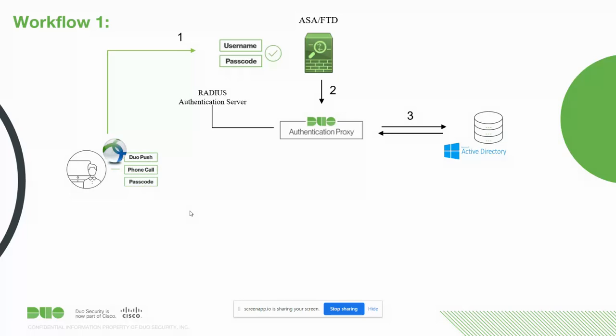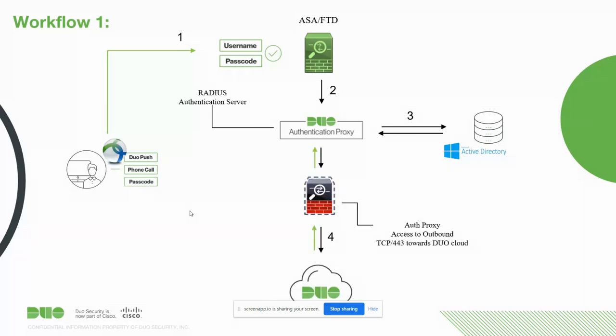the Duo Auth Proxy sends the request to the Duo cloud. For this request to be successful, you need to allow outbound access for the authentication proxy towards Duo Cloud on TCP 443. It's an outbound request.